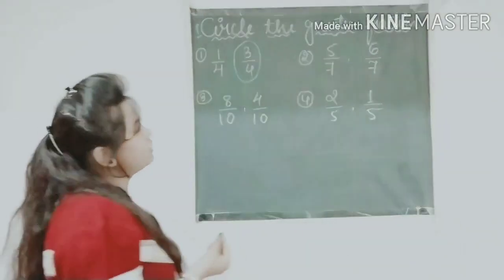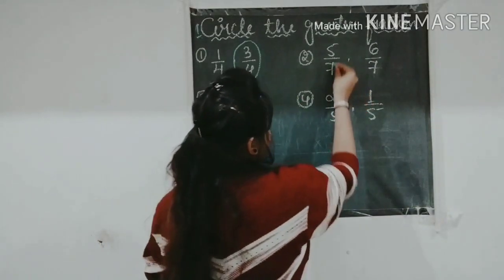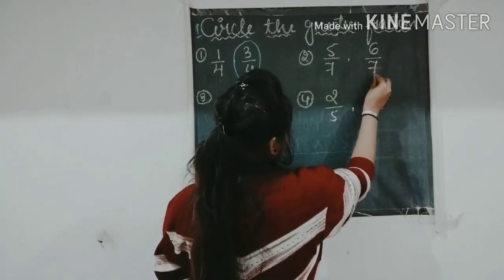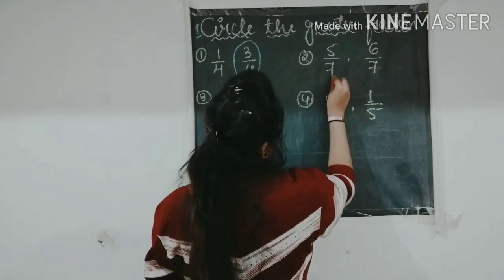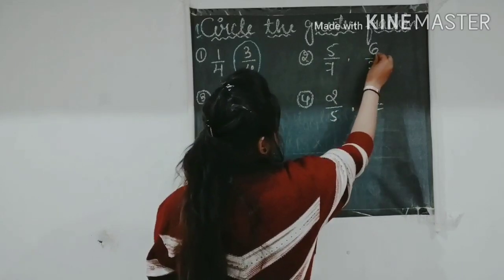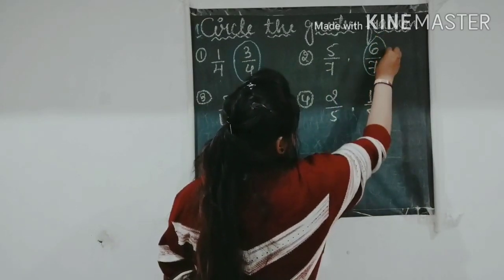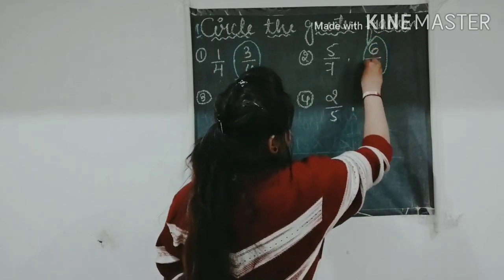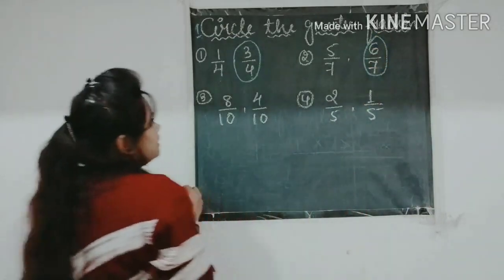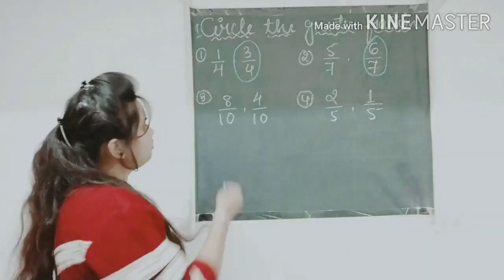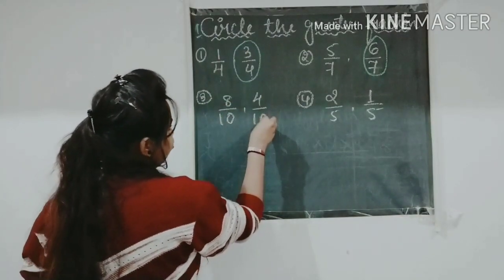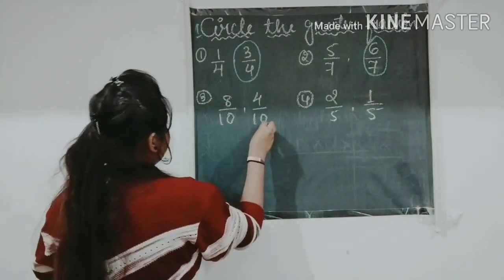Understood? Like this, question number 2, 5/7 and 6/7. Here also both the denominators are same. So check the numerators. Which numerator is greater? Circle that number. 6 is greater than 5. So circle 6 by 7. Similarly, question number 3. 8 by 10 and 4 by 10. Here also denominators are same.